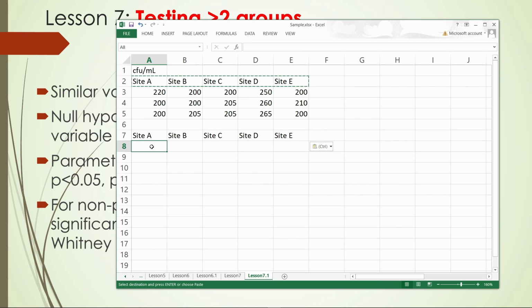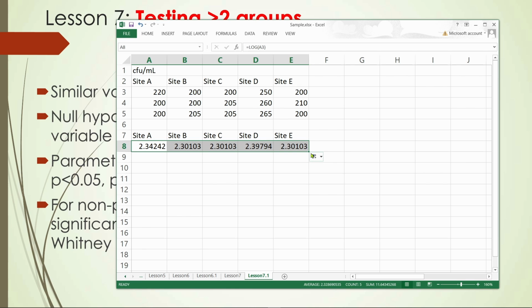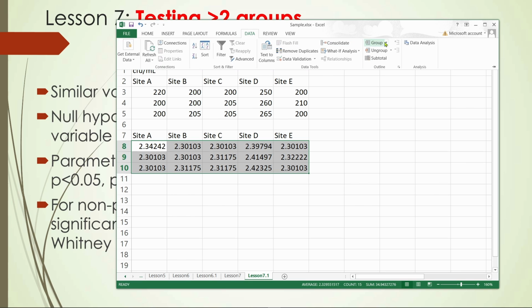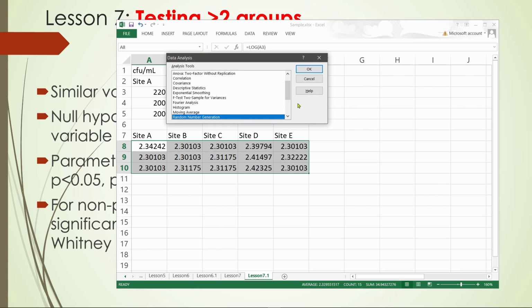We can do log transformation by typing the following equation, and then we can drag it to repeat for the other cells. So once we have transformed the data, we can use parametric testing. So in Excel data analysis, you have ANOVA, single factor or one-way ANOVA.